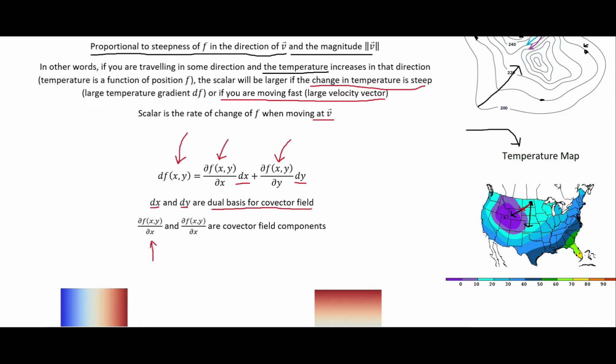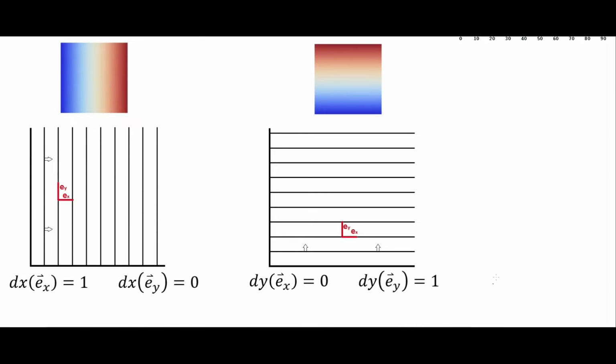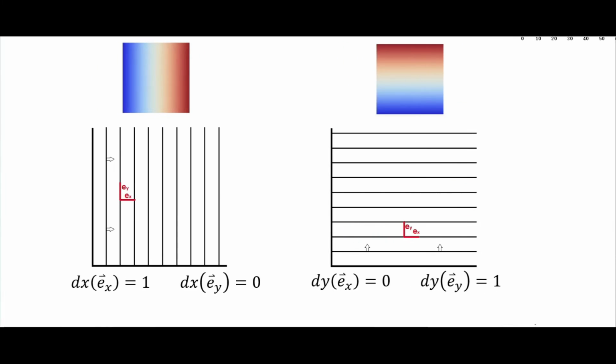And then these partials here are the covector field components. And the way that is nice to think about this is if we look at it like this. So this is sort of like our basis in the covector field here.